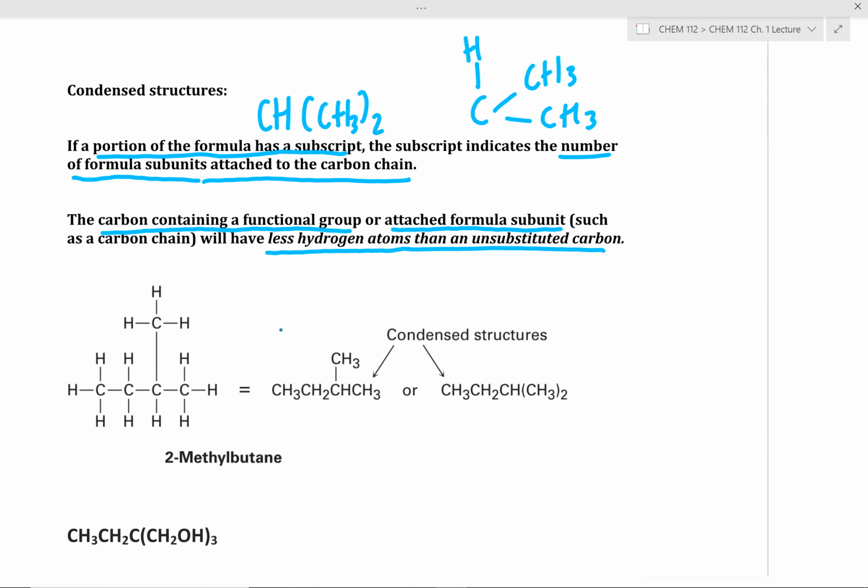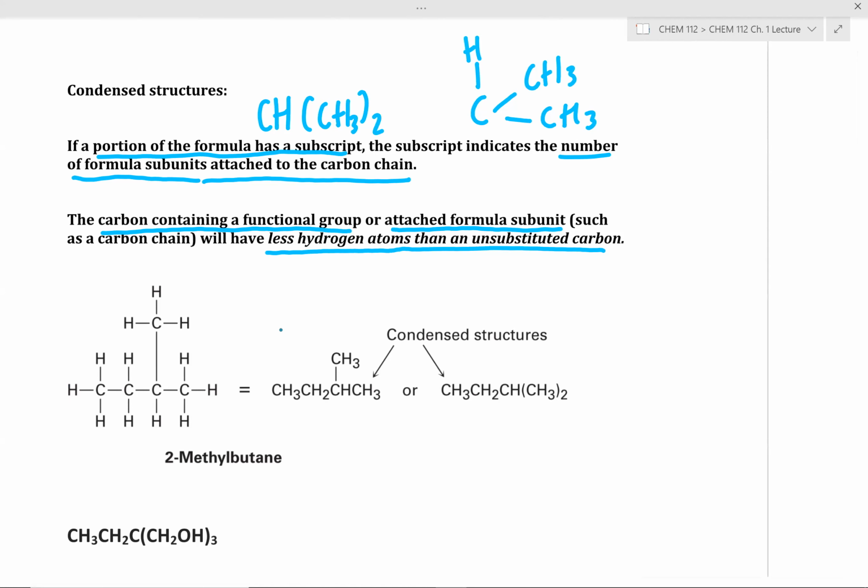Does that make sense? Now, what we can do is abbreviate this carbon containing multiple substituents as CH. So we're going to write this carbon as CH. Now, how many CH3s do we see attached to that carbon? 2. So then, since it's at the end of our chain, we're going to write CH3 with a subscript 2, to indicate we have 2 of these CH3 groups attached to this carbon.